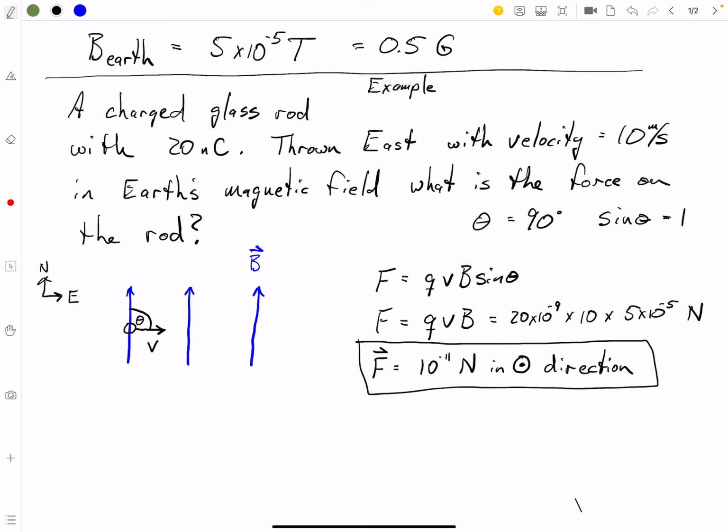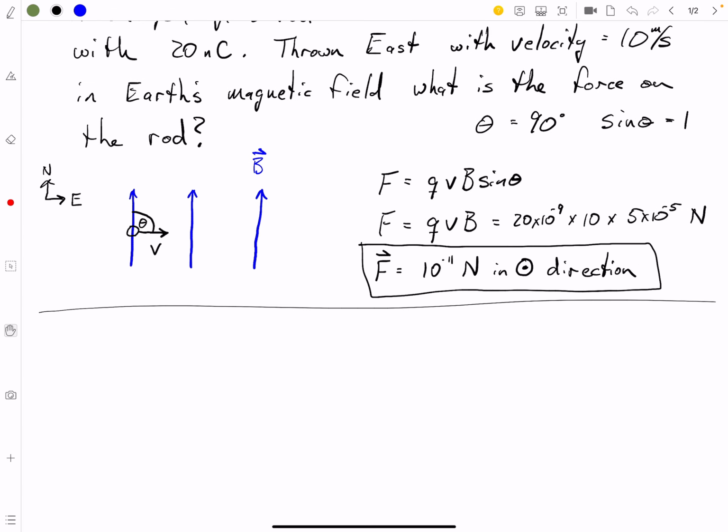All right, so you throw a rod in that direction, it's going to have this small little force on it, wanting to lift it up, wanting to throw it up into the air. Okay, so that's a good, solid example.